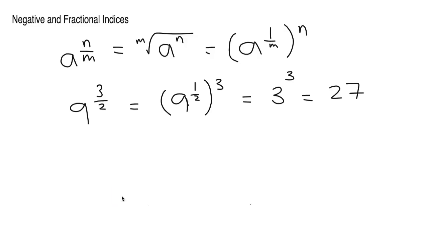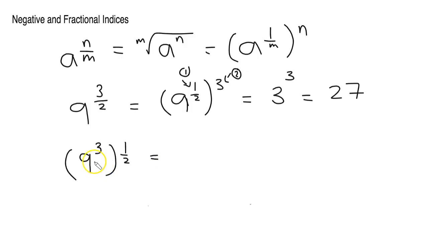Just incidentally, if you didn't have a calculator and you wanted to work this question out, or any question similar to this, I would always do it in this way. In other words, I would always apply the denominator first and then the numerator second. The reason for that is if I show you the other way we could do this. This is also the same as 9 to the power of 3 and then square rooting that.